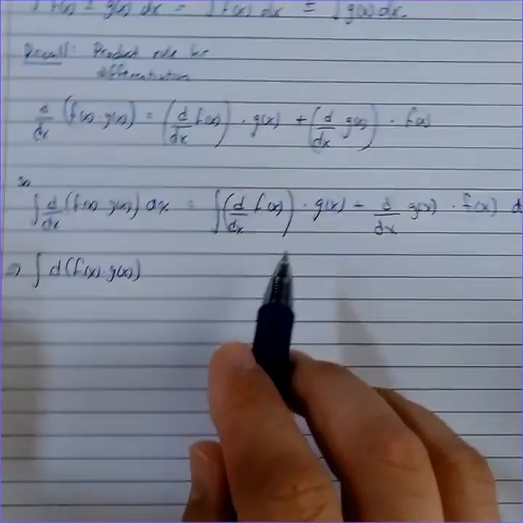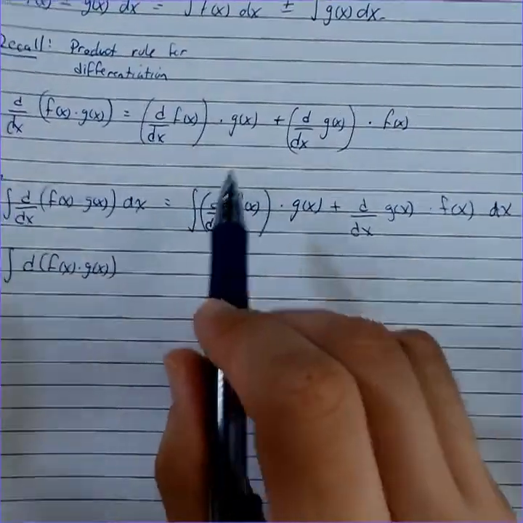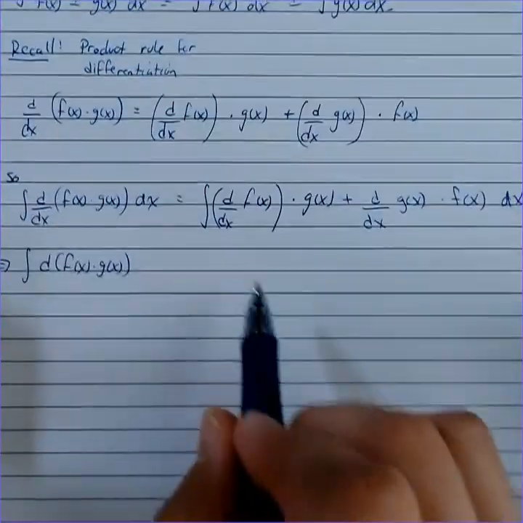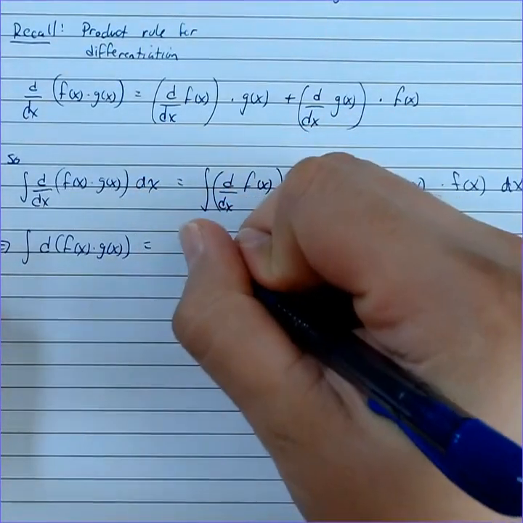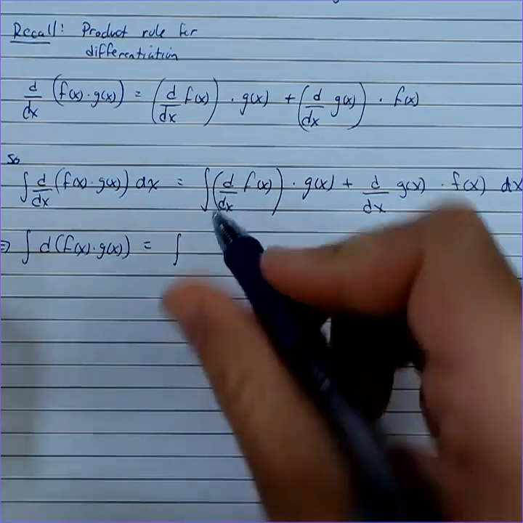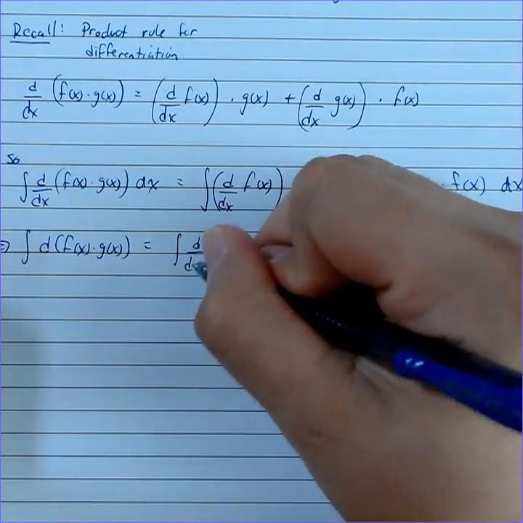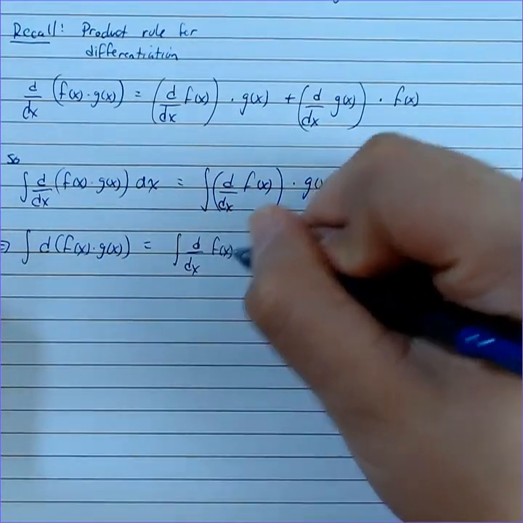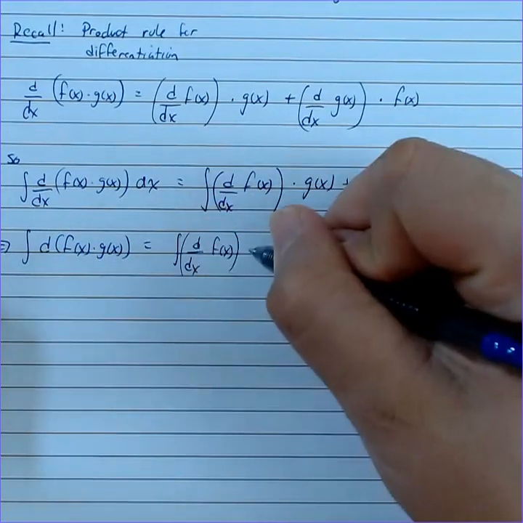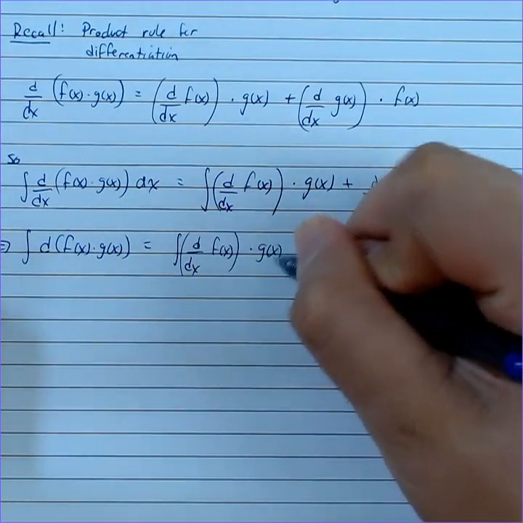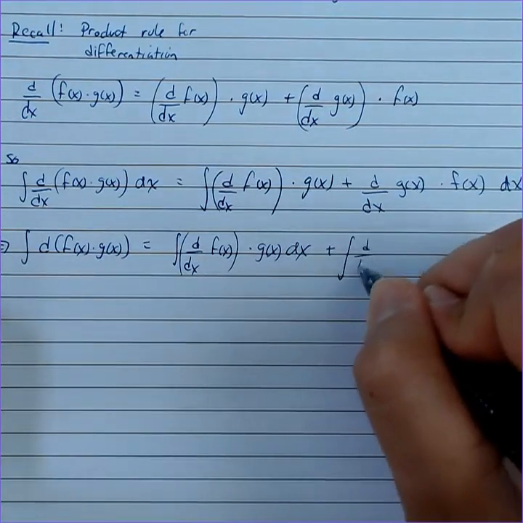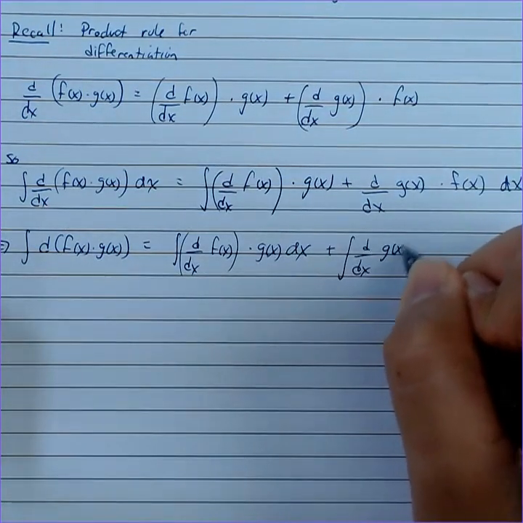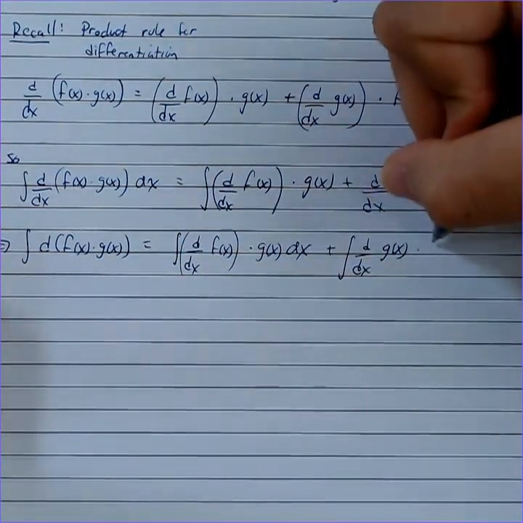And the same thing will happen here. After all, given this linearity property, I can take the integral of each of these on its own. But now, if I'm taking each of these on their own, that's going to be the integral of d dx of f of x times g of x dx plus the integral of d dx of g of x times f of x dx.